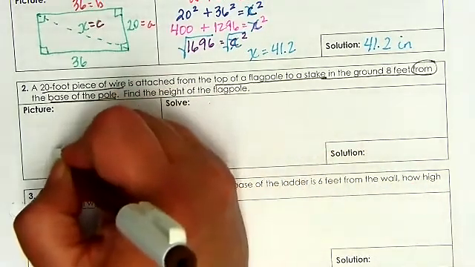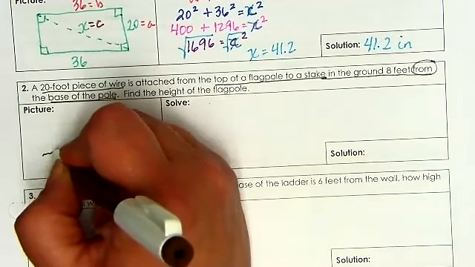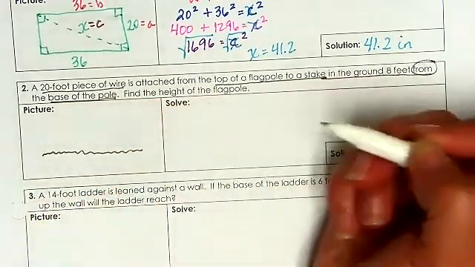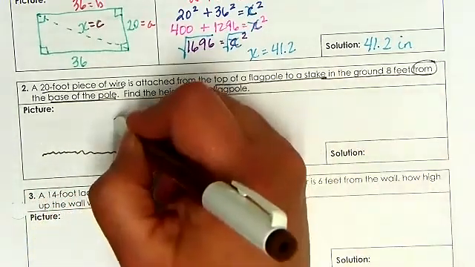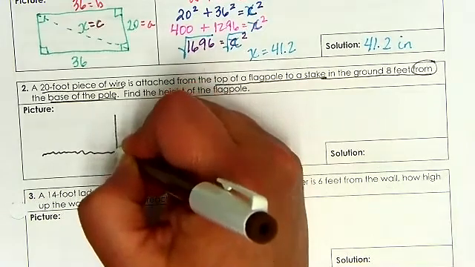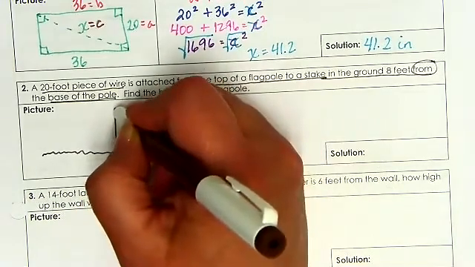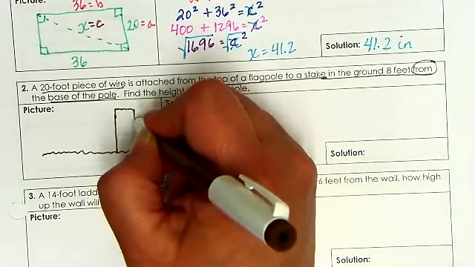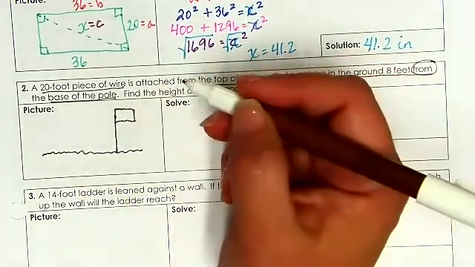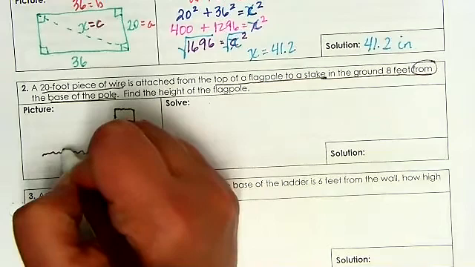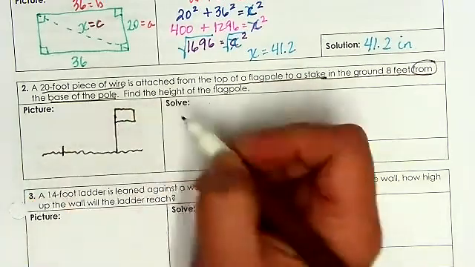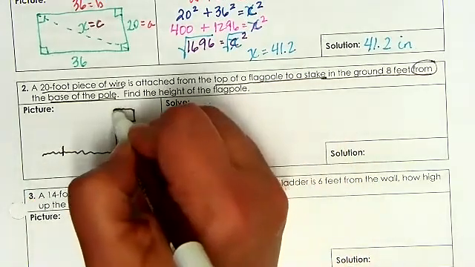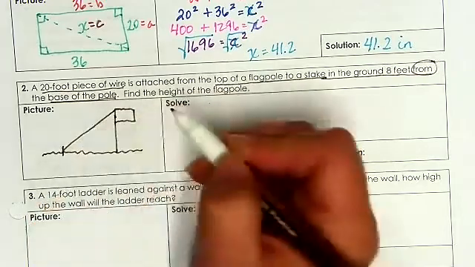So here's the ground. Here's my flagpole. The stake is located here, so my wire is going to go from here to here.